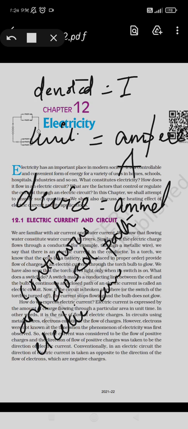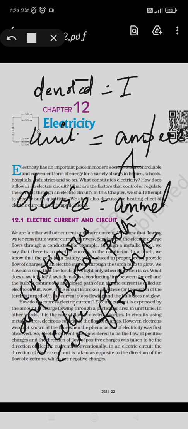In an electric circuit, the path should always be closed, otherwise it will be considered switched off or a break. If you don't connect it together, that is, if the closed path is not there, then the current cannot flow through that device.